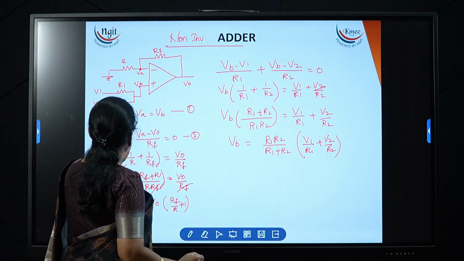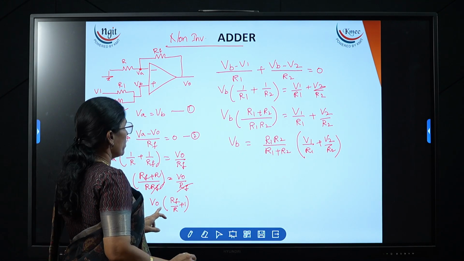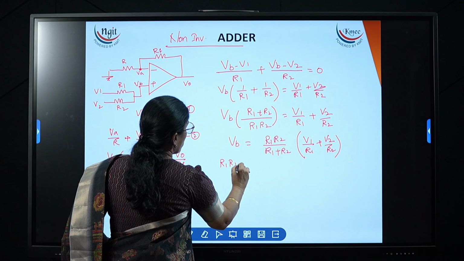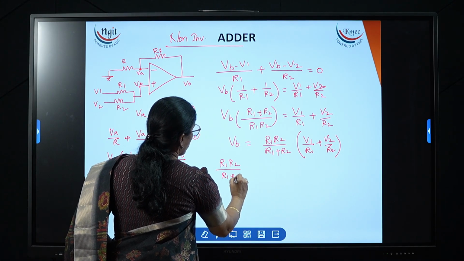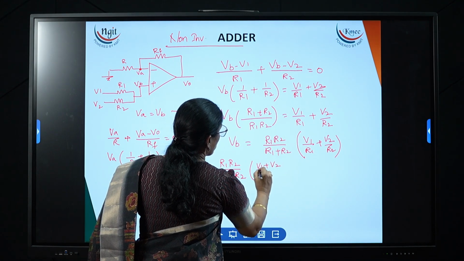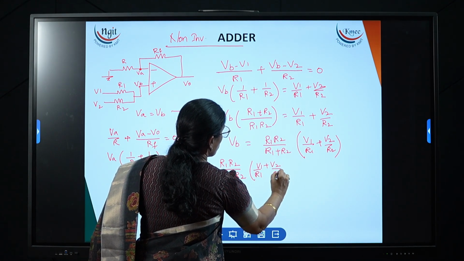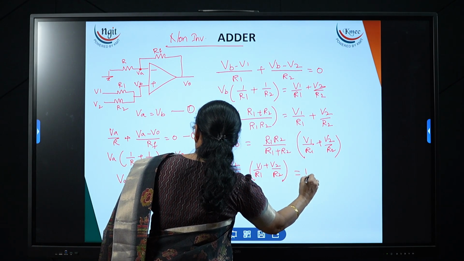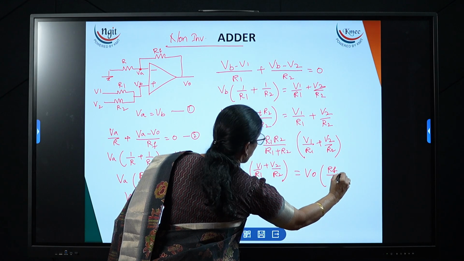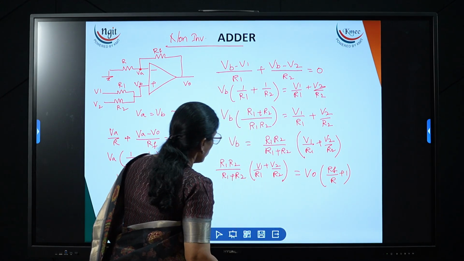Now VA is equal to VB from expression 1. Now we equate these two, then we get R1 R2 divided by (R1 plus R2) into (V1 by R1 plus V2 divided by R2) is equal to V naught into (RF by R plus 1). But what we want is V naught.